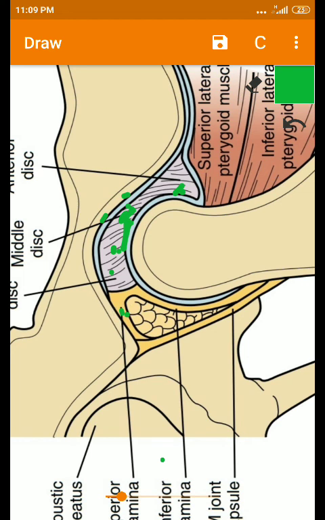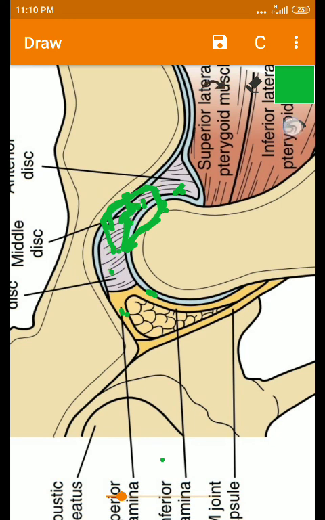At the middle part, it is the only segment which accepts more force, and even if the force increases at that point, we will not get any pain. The vascularity is also not present, so the nutrition for this segment is supplied by the adjacent segments.